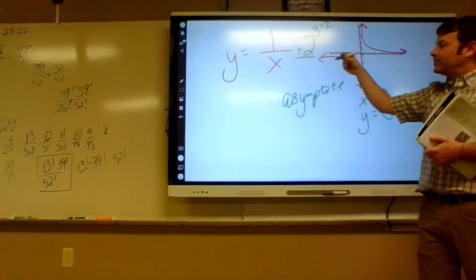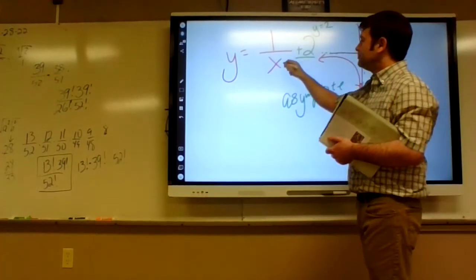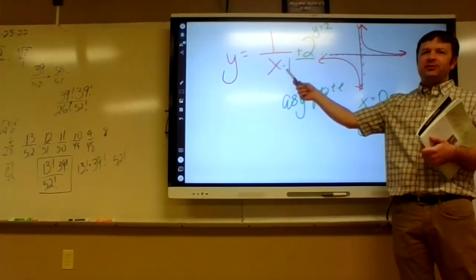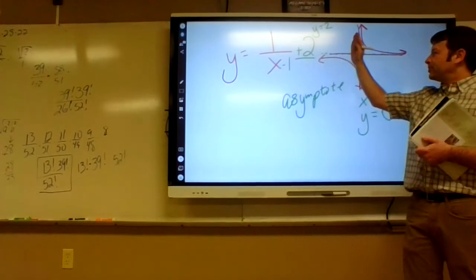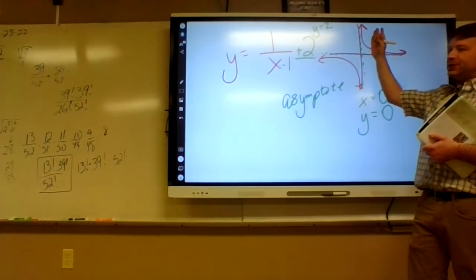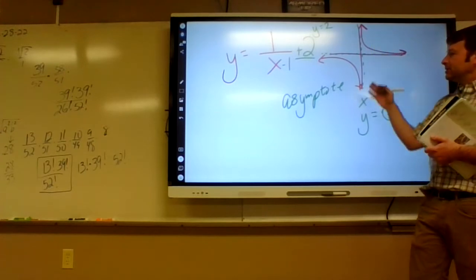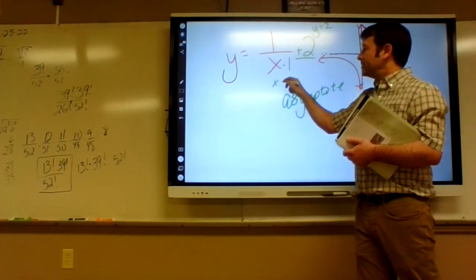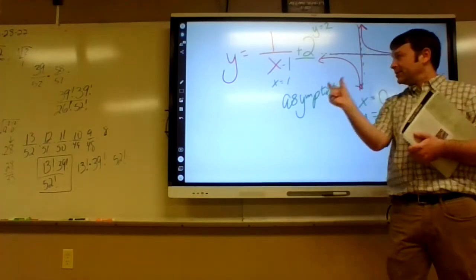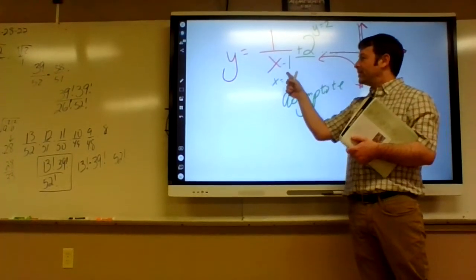You guys remember how we moved it left and right? Put it around the x. That moves it, how's that move it? Right 1. Moves the whole graph right 1, which means the vertical asymptote would be at x equals 1. So it's kind of the opposite of, remember how when you put it directly on the x, it moves it the opposite direction. So this moves it right 1.